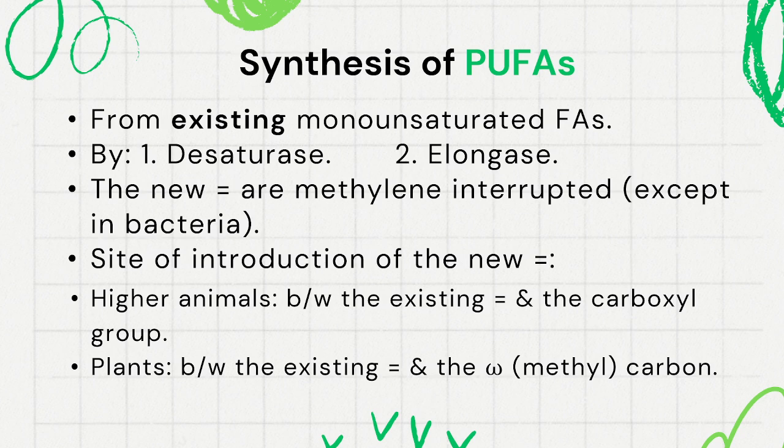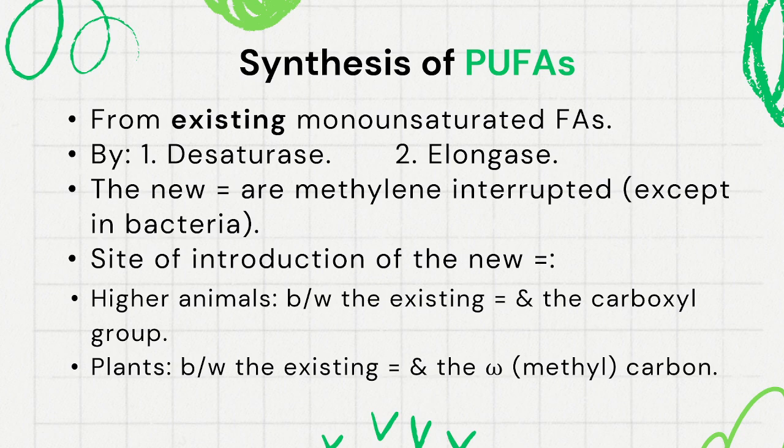And the site of introduction of the new double bond in higher animals will be between the existing double bond and the carboxy terminus, because we have already mentioned that mammals and higher animals cannot introduce a double bond beyond the 9 position. So any new one will be between the carboxy terminus and the 9th carbon atom.